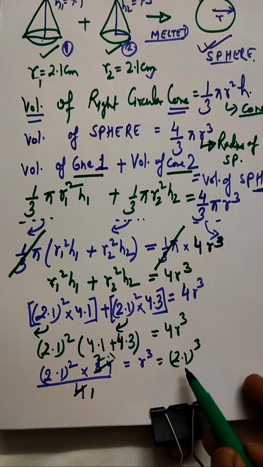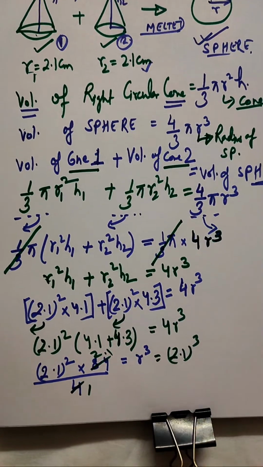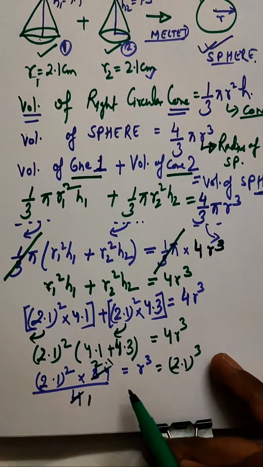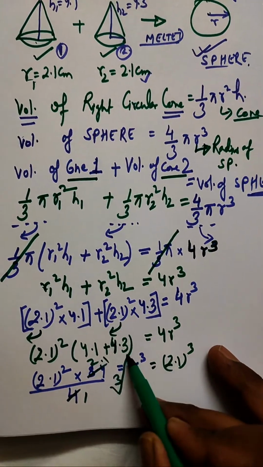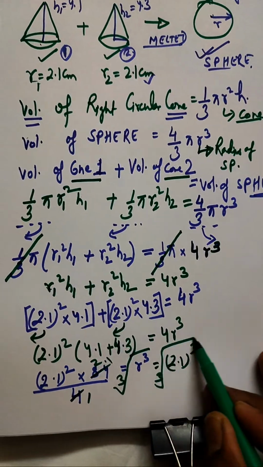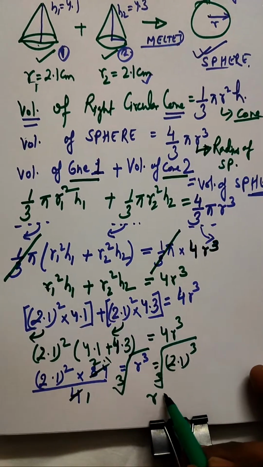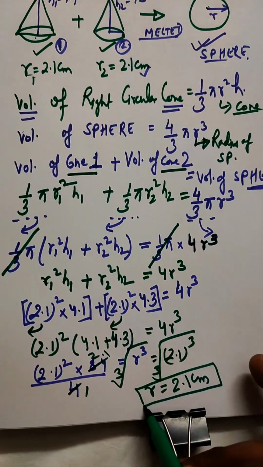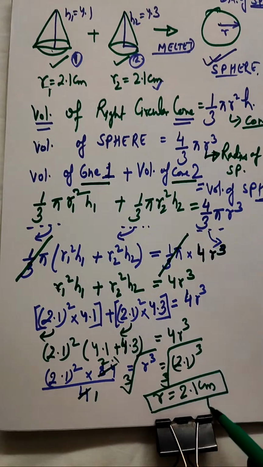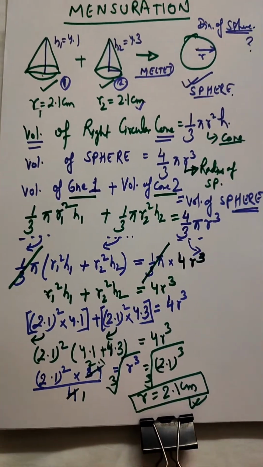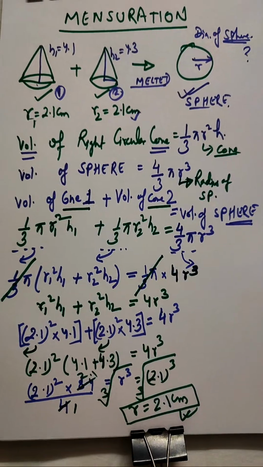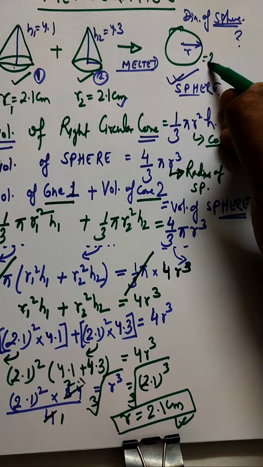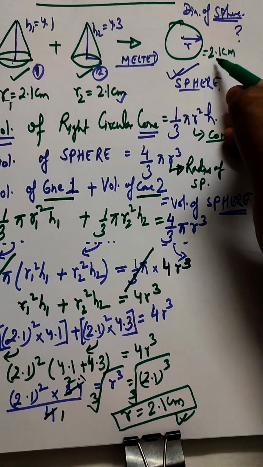If r cube is equal to 2.1 whole cube, then what will be the value of r? Taking a cube root on both sides, we can see r as 2.1 centimeter, right? r is 2.1 centimeter. So 2.1 centimeter is the radius of this sphere.